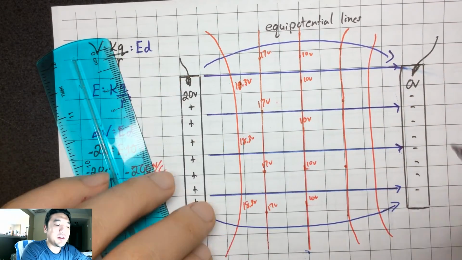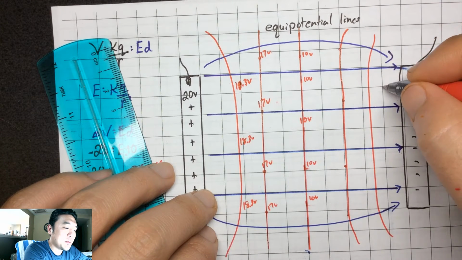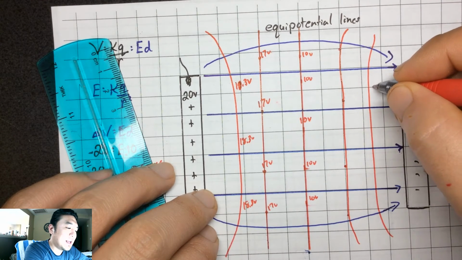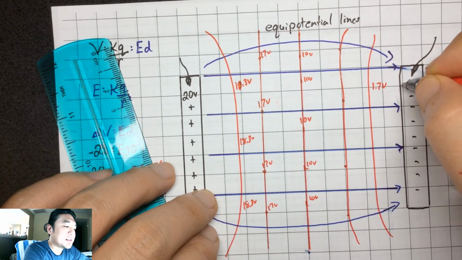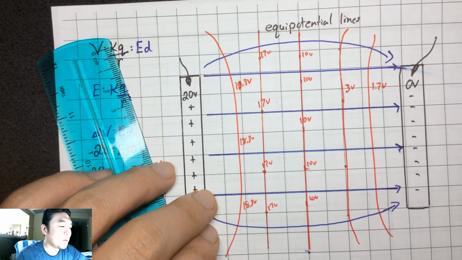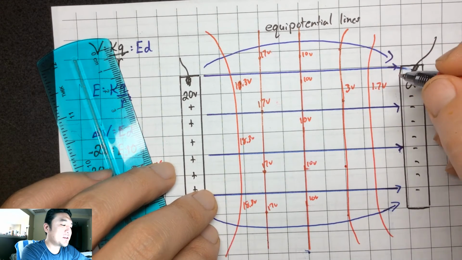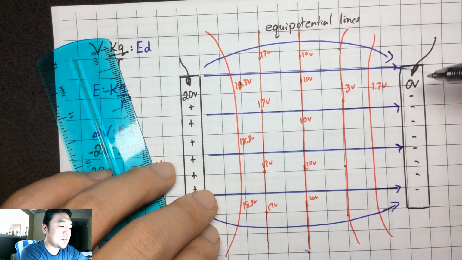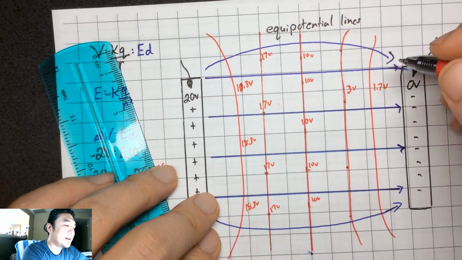And what you should then notice is, let's see, this would be 1, that would be 2, so that would be like 1.8, 1.7. And this is going to be 1, 2, 3, so this line's about 3 volts. Wait a minute. Not 1.7. Each square's got to be, this is 20 volts down to 0. My bad. Yeah, all these are a little bit different.